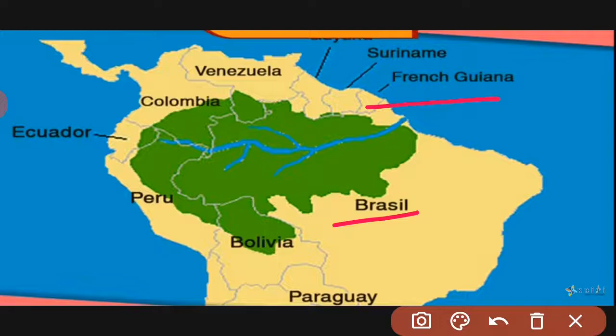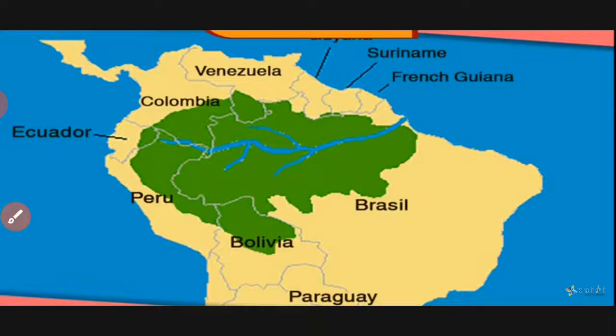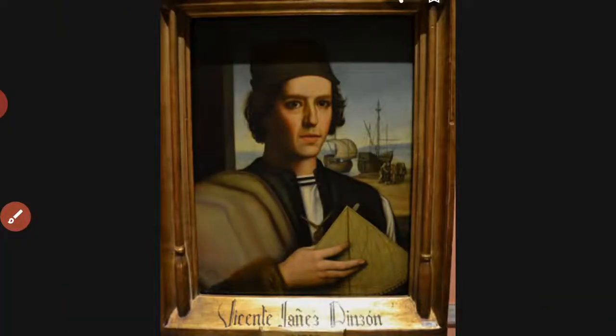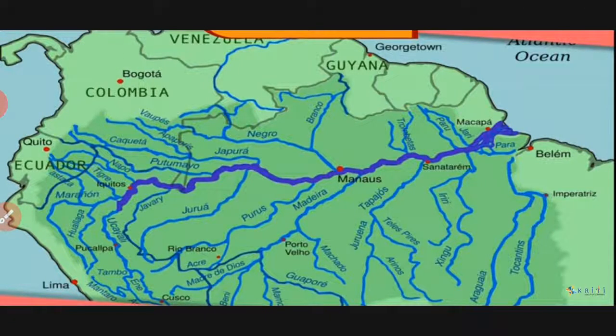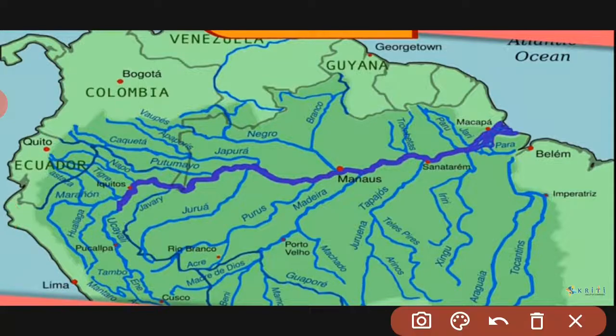The first European to discover the Amazon River was a Spanish explorer, Vincent Yanes Pinzon. Amazon is the most important river in South America. It is the second longest river in the world and it discharges the largest amount of water.